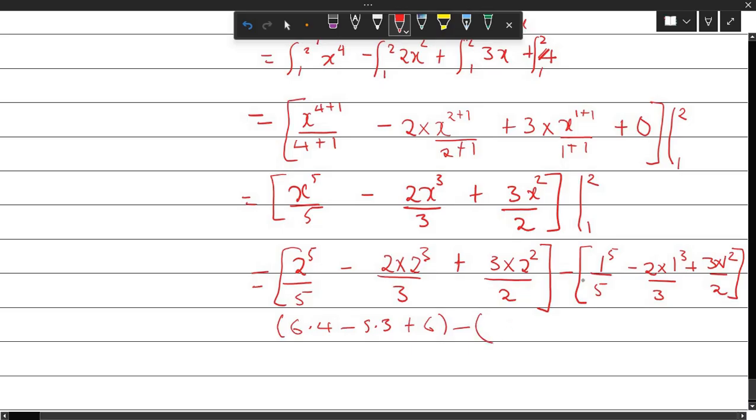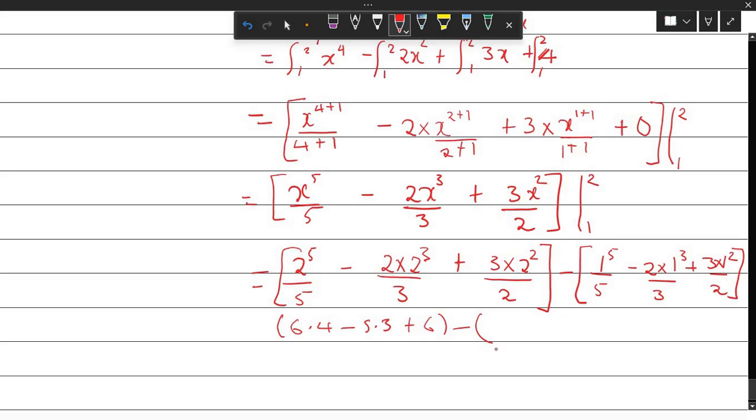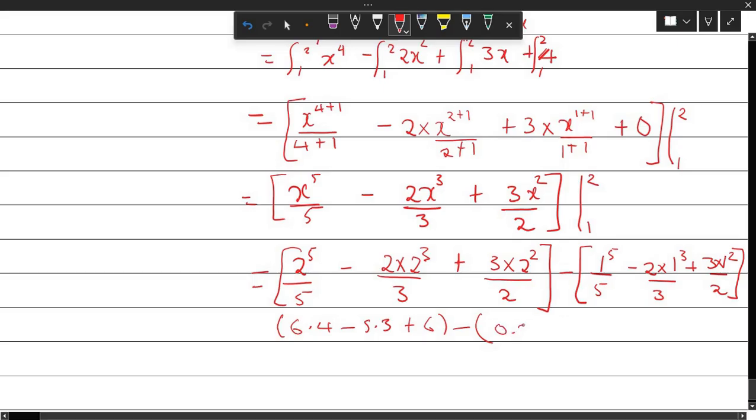minus, this was 1 over 5, 1 divided by 5 is a decimal, so it will just be 0.2 minus 2 divided by 3 equals 0.7 plus 3 divided by 2, 1.5. Okay, so we just simplify now.